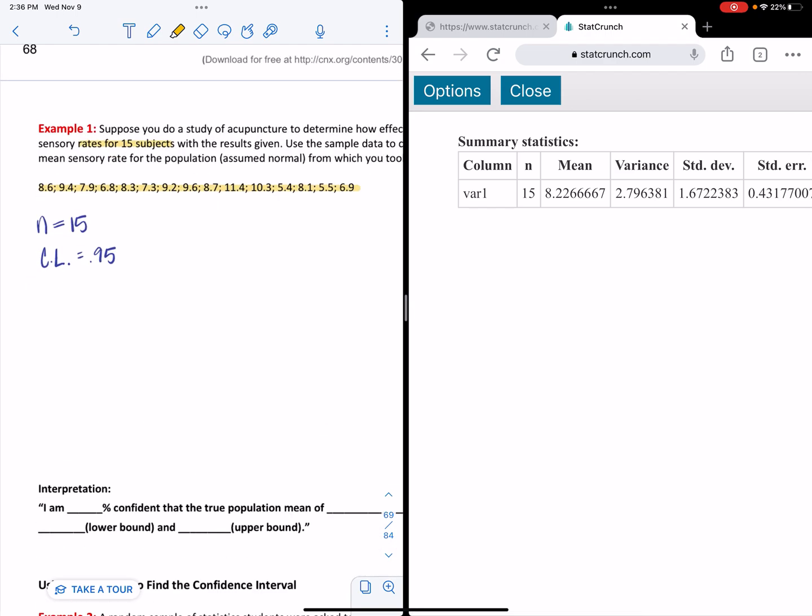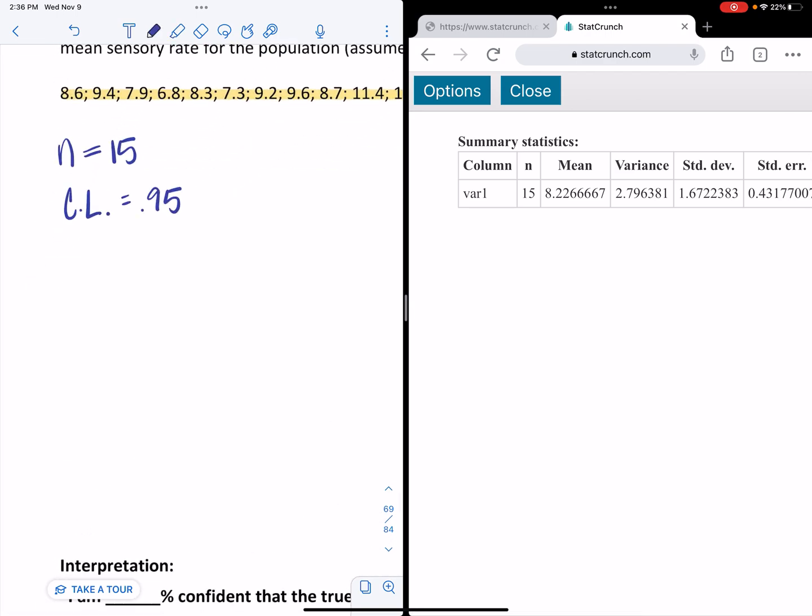So now, StatCrunch has provided me with a sample mean of 8.2. I'm going to take that out another decimal place or two: 8.2267. And I have a sample standard deviation of 1.6722.